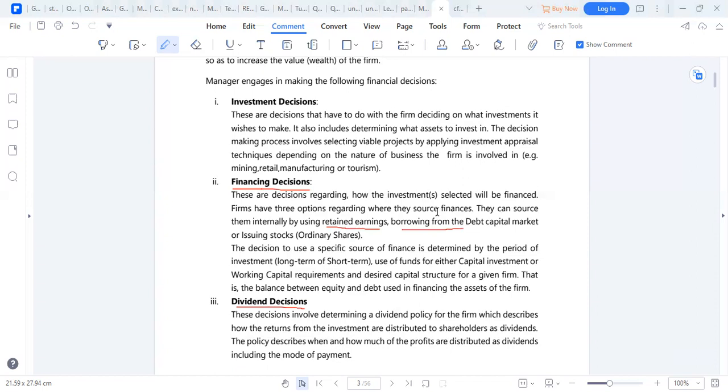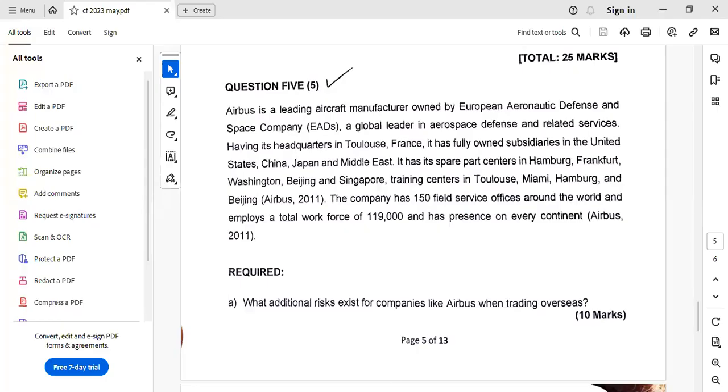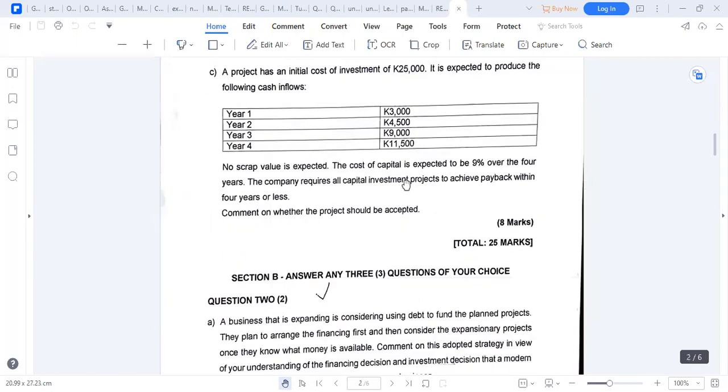So, let's look at the question. We'll look at question number 5, the exam paper.